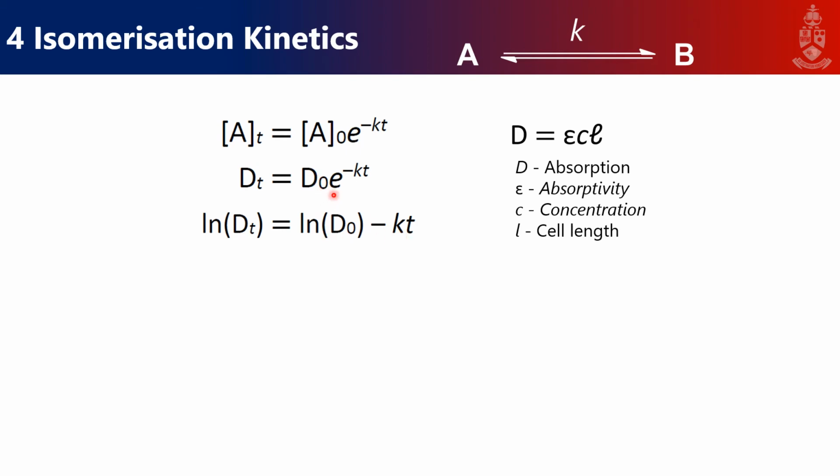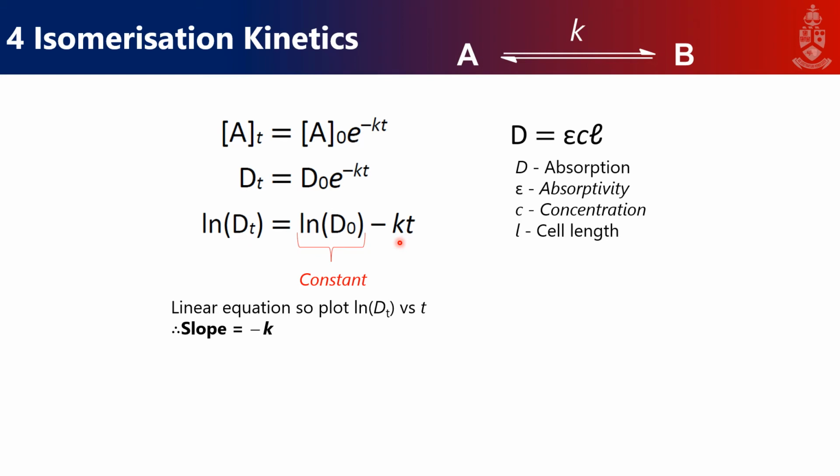Ln of a product is just the sum of the two things. Ln of e is 1. Take that forward, becomes that, right? Why is this significant? Because this becomes a constant, because your initial absorptivity is a constant, and it means that if we take a plot of ln of absorption of a species versus time, the slope of that plot is going to give us the rate constant.